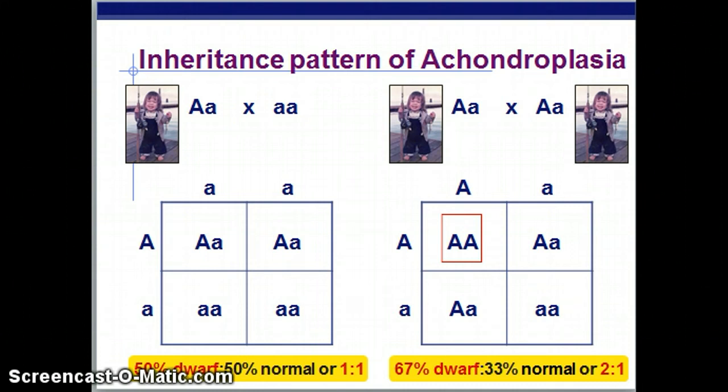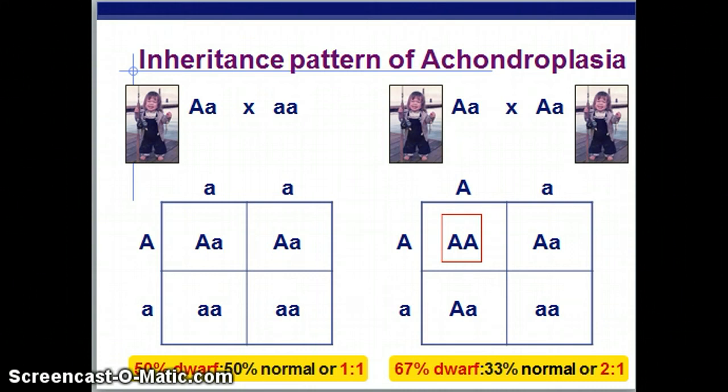And in this case, the dominant allele is what actually codes for dwarfism. So here on the right, if we have 2 heterozygous individuals, then you can end up with 1 homozygous dominant, 2 heterozygous, and 1 homozygous recessive.